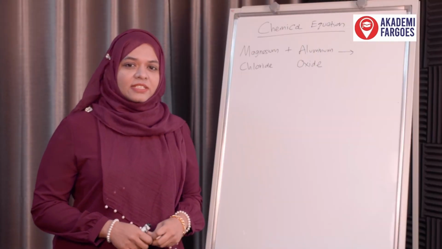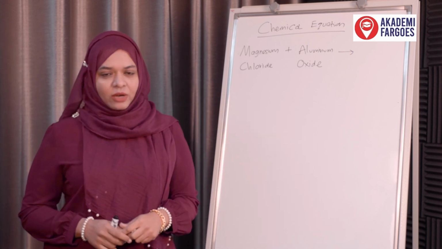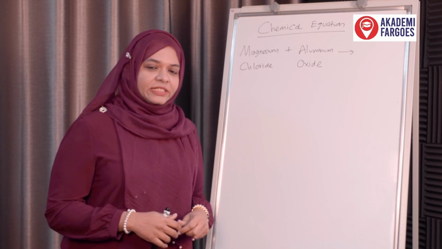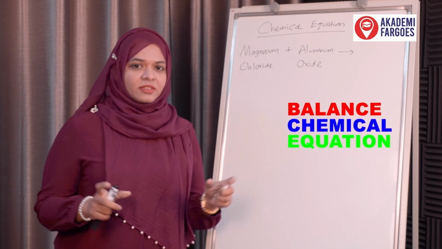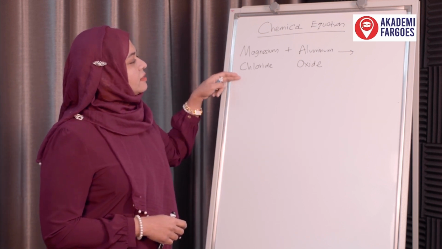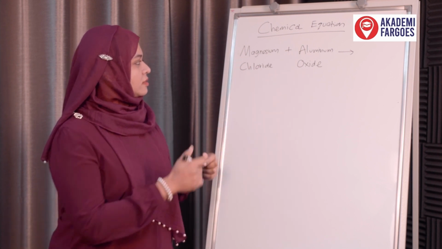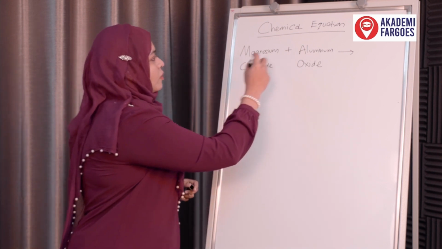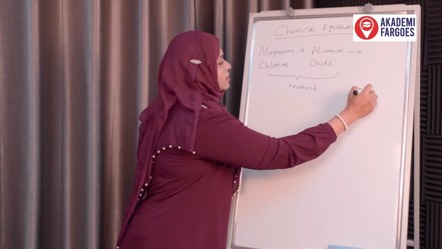Okay, students. Just now we learned about chemical formula and ionic equations. Now we're going to learn how to do balanced chemical equations. This is an example of magnesium chloride and aluminium oxide. Both of them are salts. This is the reactant and this will be the product.